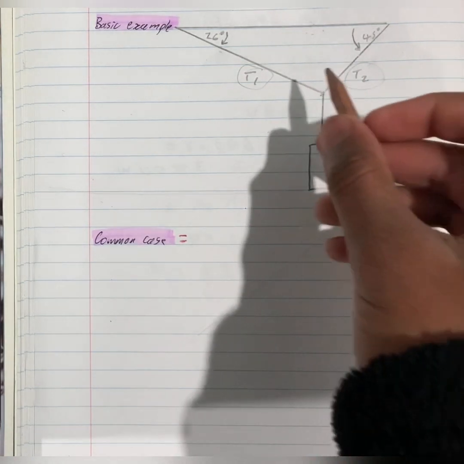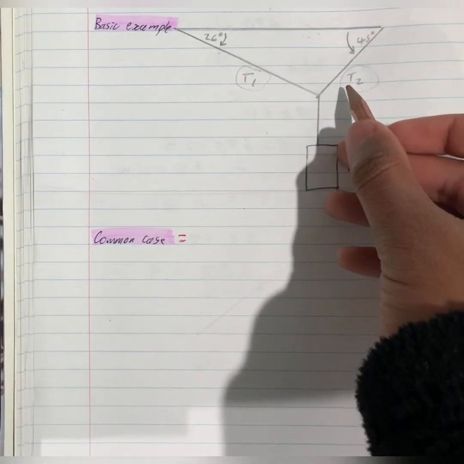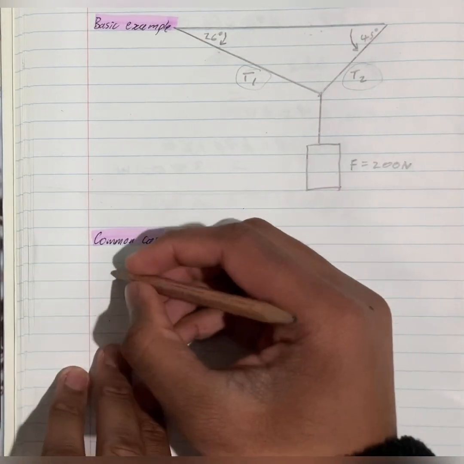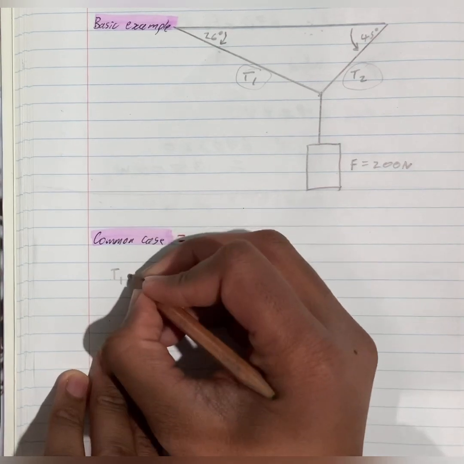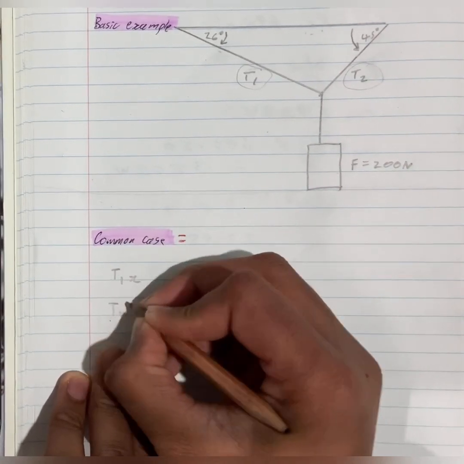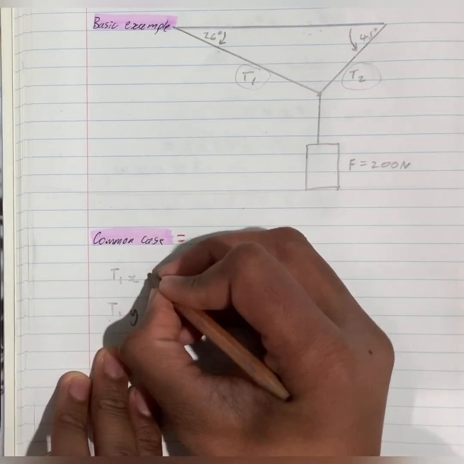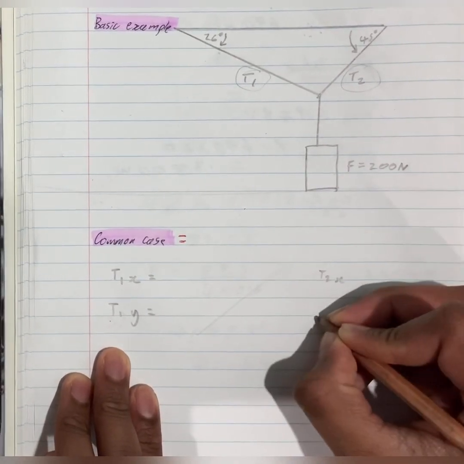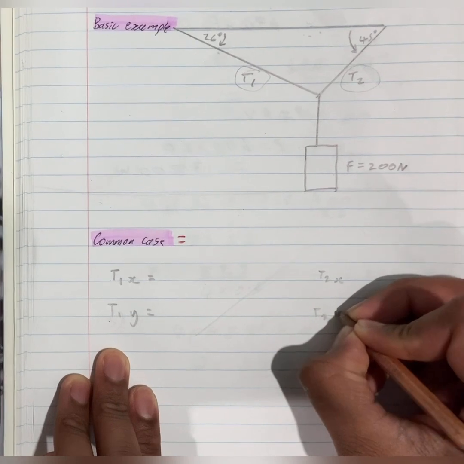Well, you'd want to split your T1 and T2 into vectors. So T1 x, T1 y. Same here, T2 x, T2 y.